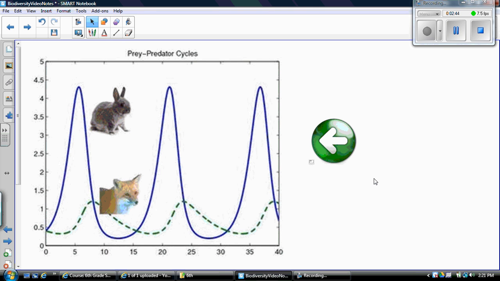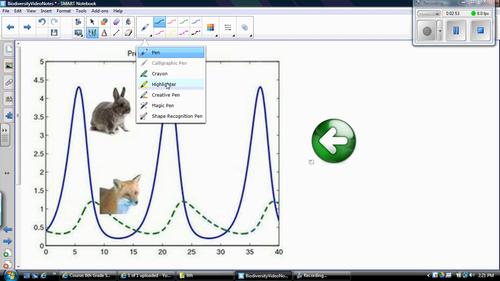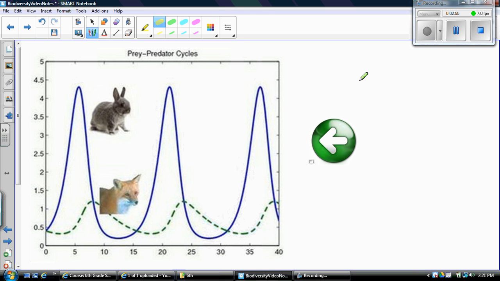Now, you're going to be working a lot with what I call predator-prey cycles. When we take a look at the predator-prey cycles, they have a certain relationship and it's best displayed through a graph. So you have the fox that feeds off the rabbit. If you notice, the rabbit is the blue line and the fox is the dotted green line.